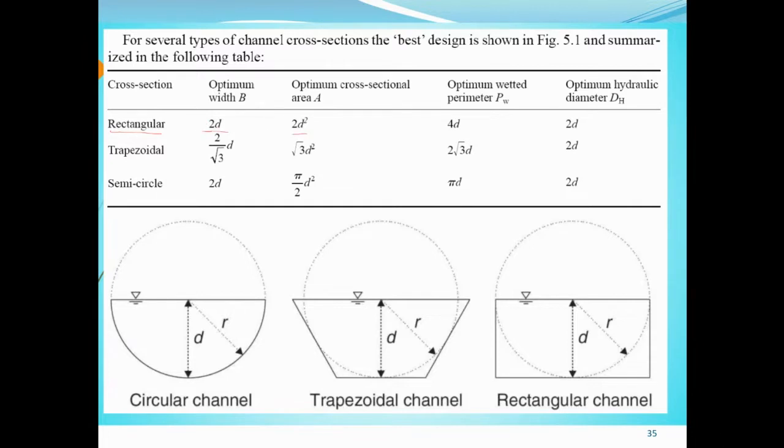And this is the area, and this is the wetted perimeter, and this is the hydraulic diameter, DH. And for trapezoidal section, this is the optimal width. For semicircle, this is the optimal width.